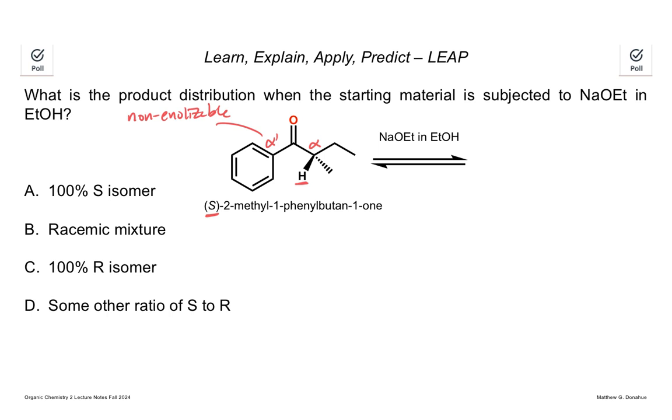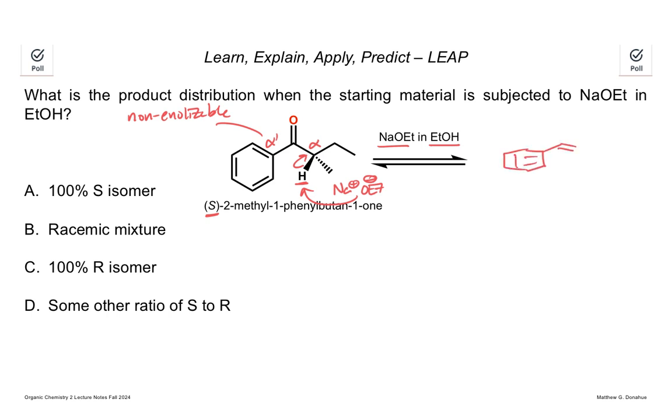So under these conditions, if we treat with sodium ethoxide in ethanol, basically what we're trying to answer is, how do we know anything happens? The sodium ethoxide will deprotonate the alpha hydrogen.